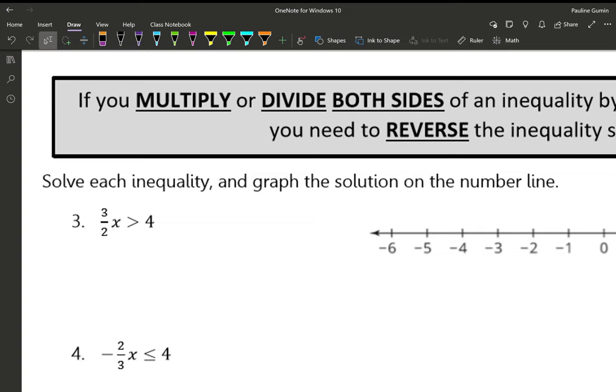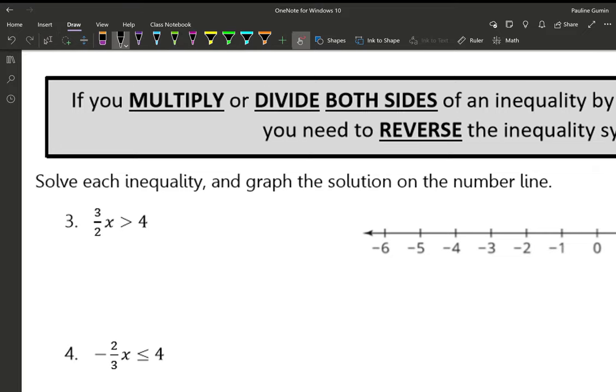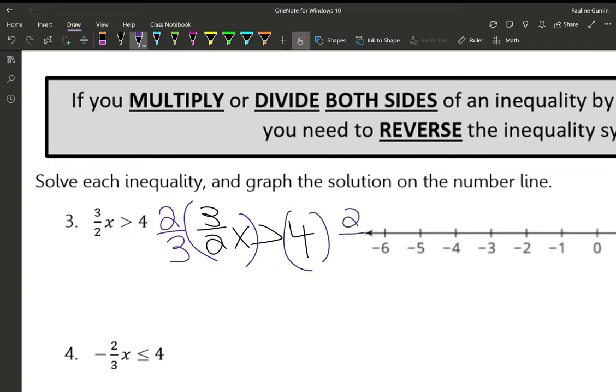Hello, I'm back. Number 3 has 3/2 x is greater than 4. You know what? I'm going to rewrite it on the side because I don't think I have room to do it here. 3/2 x is greater than 4. Okay. In order to get rid of fractions, what we must do is multiply both sides by the reciprocal, which means we flip the fraction.